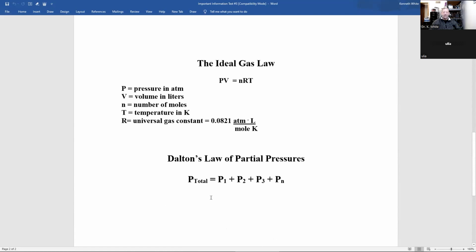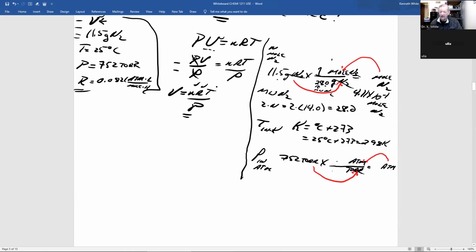And now I can go back there. And I know for every 1 atmosphere, it's 760 torr. Now, don't forget, both of these are exact numbers. And this is 3 significant figures. So our answer should be 3 significant figures.